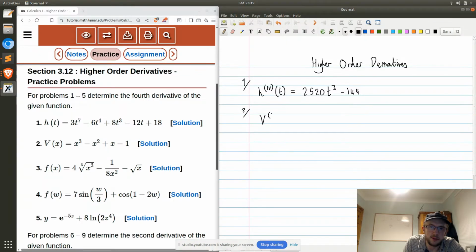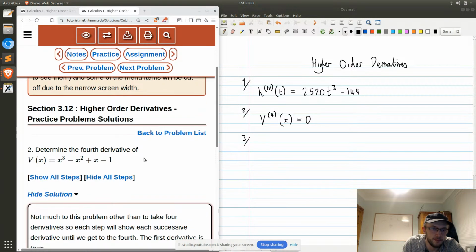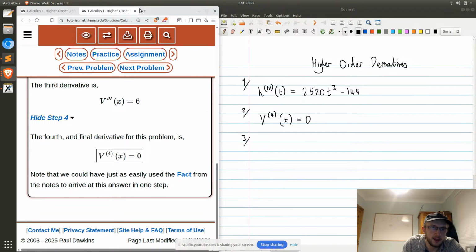So I'll do a little 4 up there like that. And when you differentiate this 4 times over, it just becomes nothing. So I believe. But we must check.